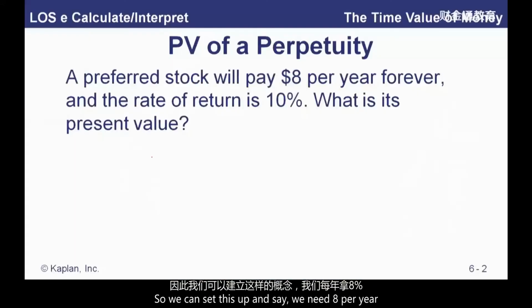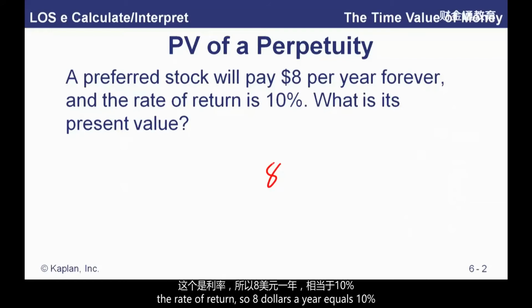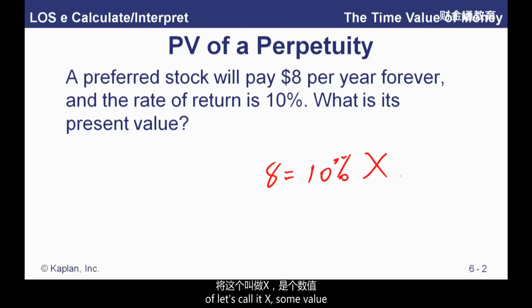So we could set this up and say, well, we need $8 per year. The rate of return, so $8 a year equals 10% of, let's call it X, some value. So how much would I have to put in an account that paid 10% a year in order to get $8 a year in interest forever?